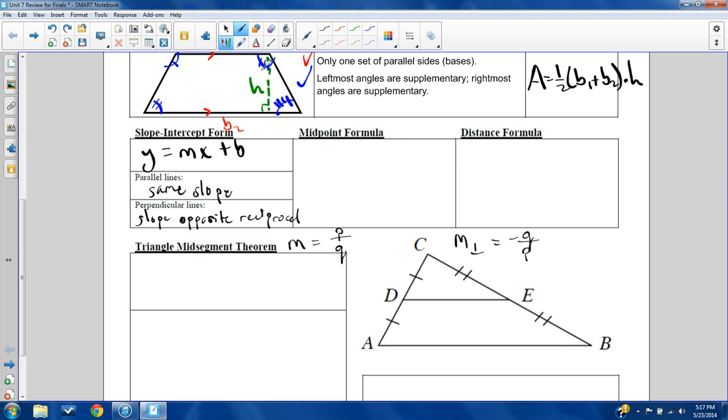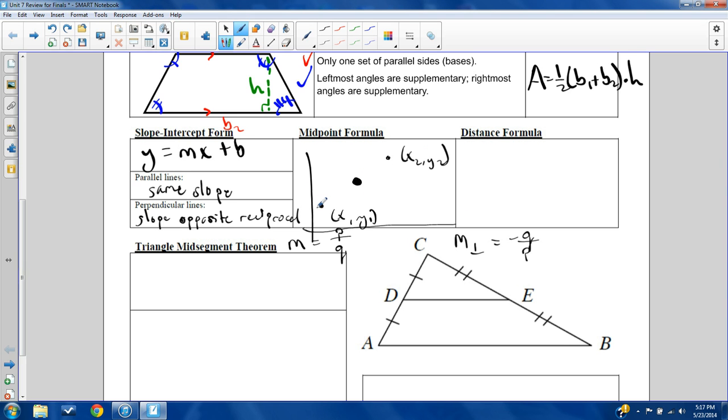Okay, midpoint formula. I'm going to spare you some time here, because I was getting a little too fancy with it in my other video. Like I said, I want to save time. If I have the point x1, y1, and the point x2, y2, I want to find the point that's right in between. That point is the average distance away from 0.